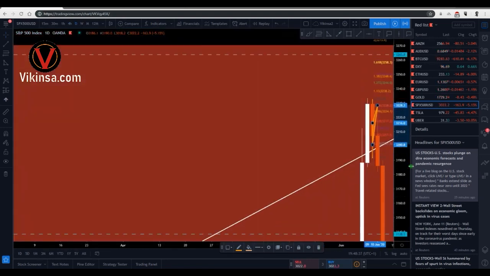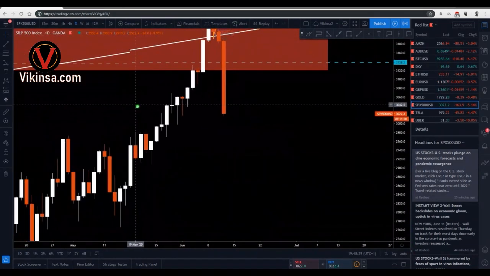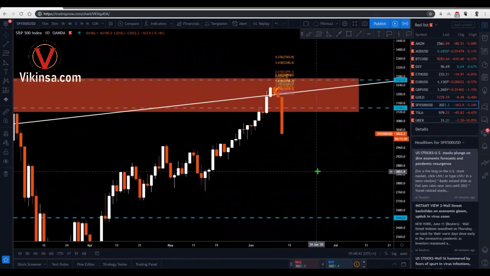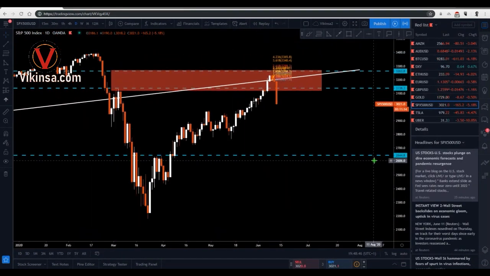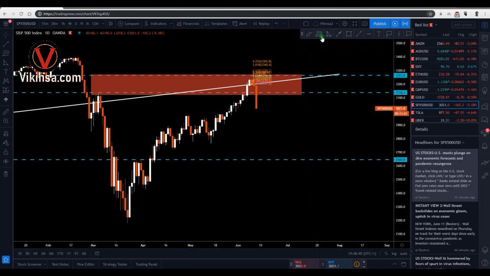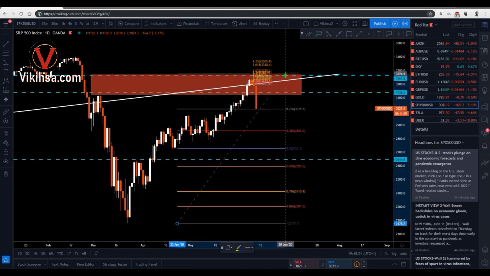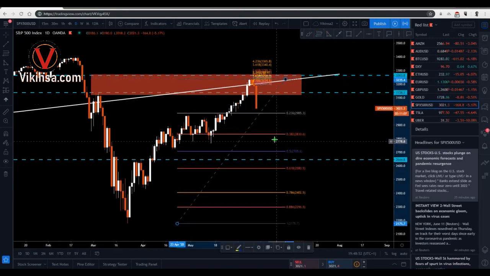So if I go back to the daily time frame, market has been falling down, and because we had this W pattern right there, what we can expect market to do is come to the 38.2 Fibonacci level right there.